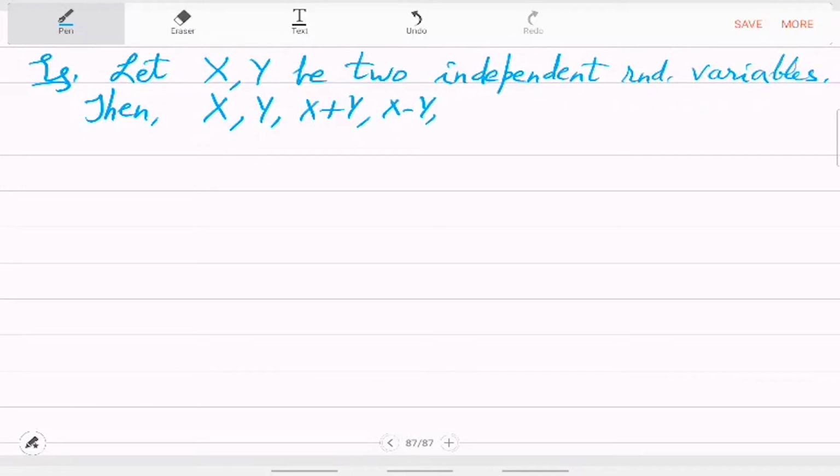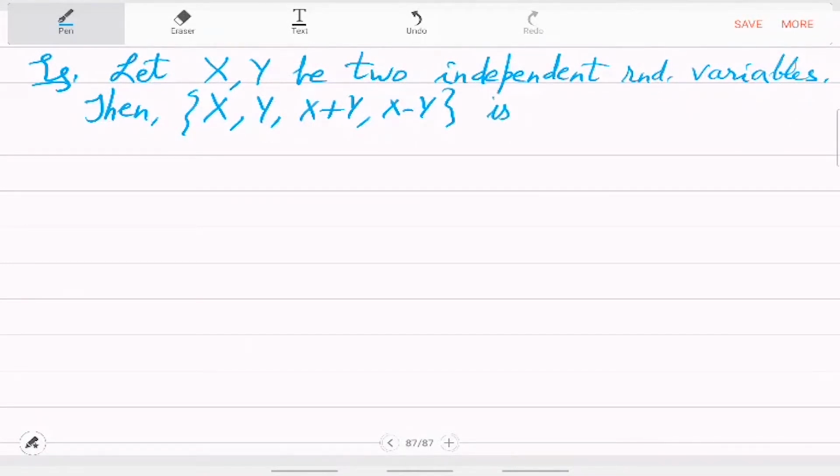Let us just stop here, these 4. What can you say about this family of random variables? Notice that X plus Y and X minus Y are obviously random variables. In fact, any function of X, Y is a random variable. So are they k-wise independent for various k?